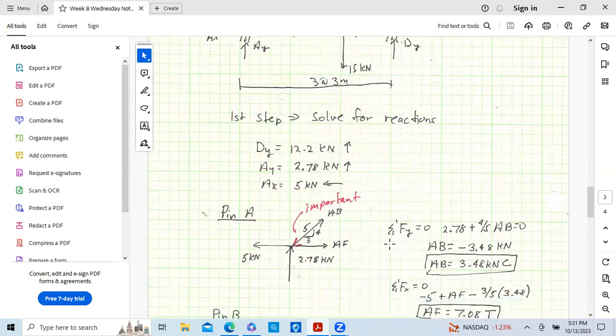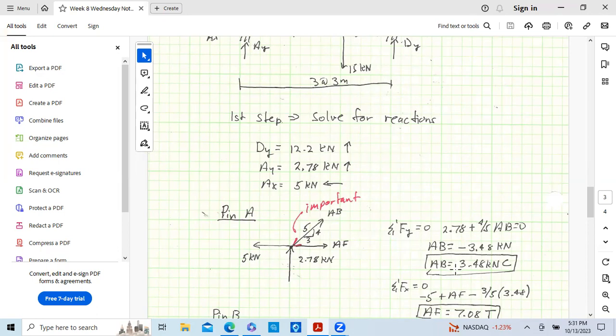Sum of forces in the y, 0.78 plus 4/5 AB. You get AB is equal to minus 3.48 kilonewtons, which means, choosing tension for everything, this negative sign means it's compression.